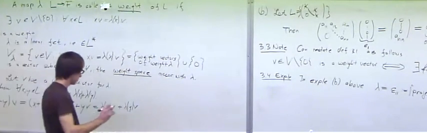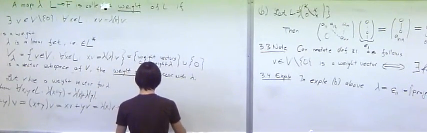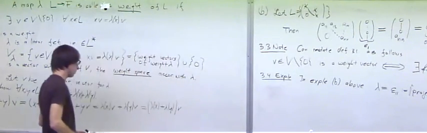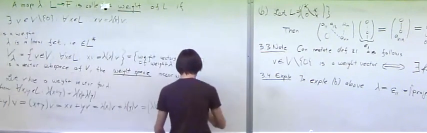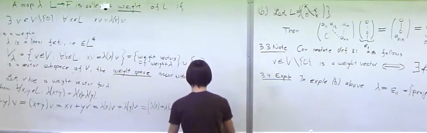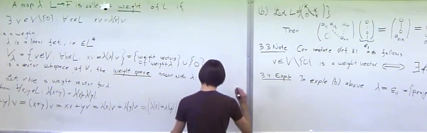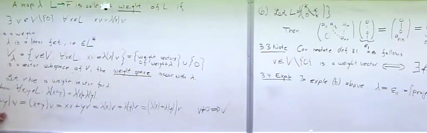So now I can just write this as lambda of x plus lambda of y times v. And as I supposed v to be non-zero, from this it follows that the scalars coincide. We have a non-zero vector.